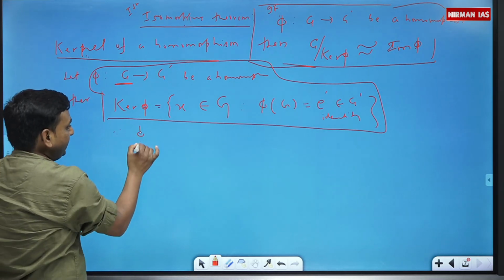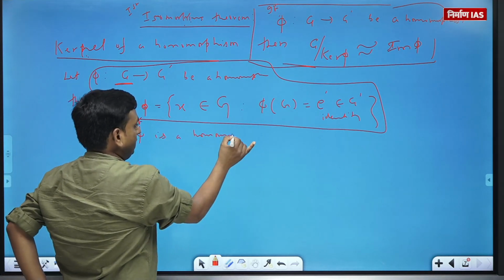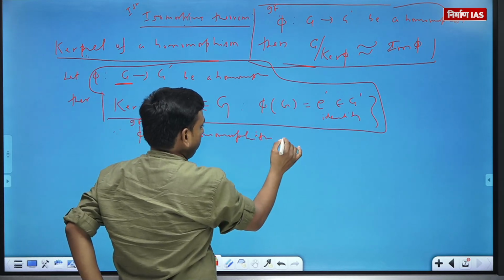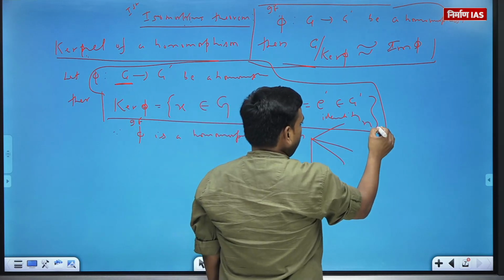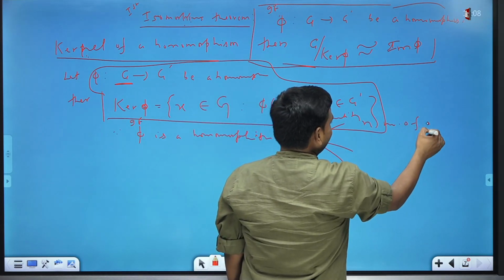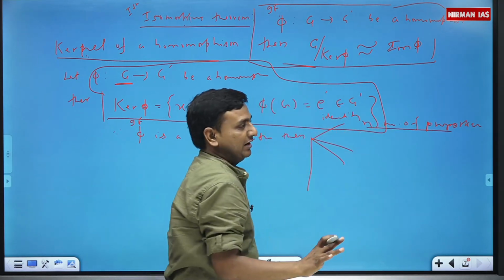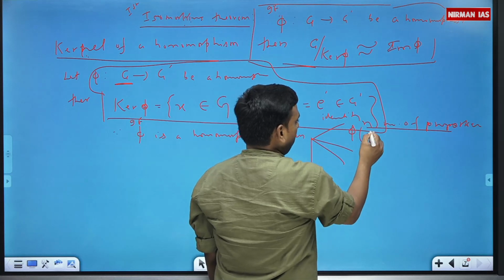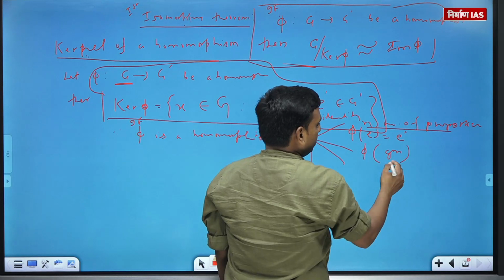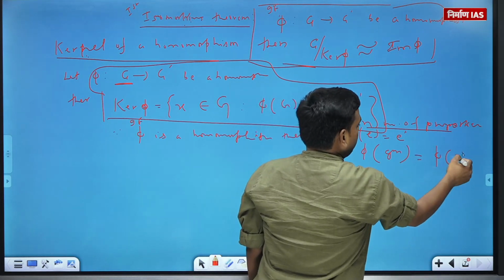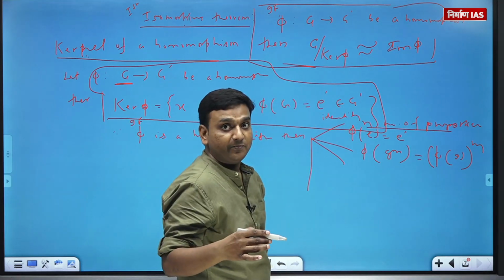Here, if phi is a homomorphism, then you may have n number of properties. That is again a topic, that is the interconnection actually. Properties: phi of identity goes to identity only. Phi of g composed m times is nothing but phi of g composed m times if phi is a homomorphism.